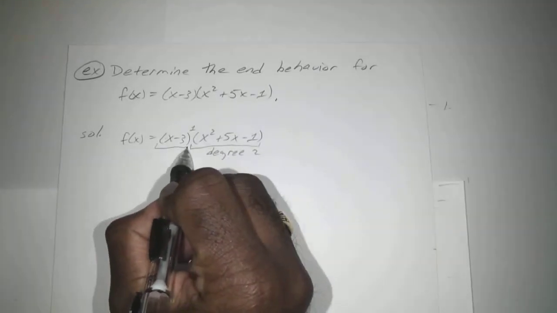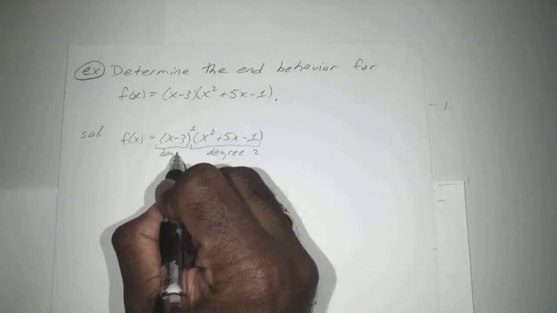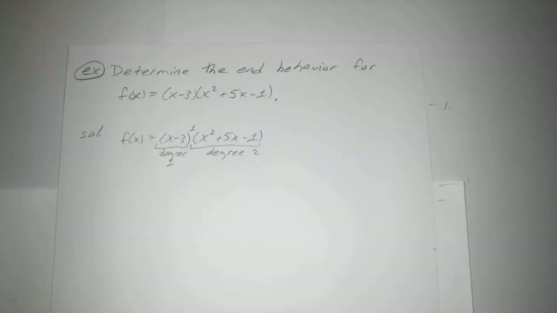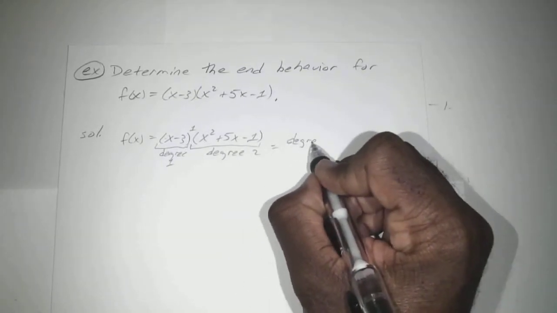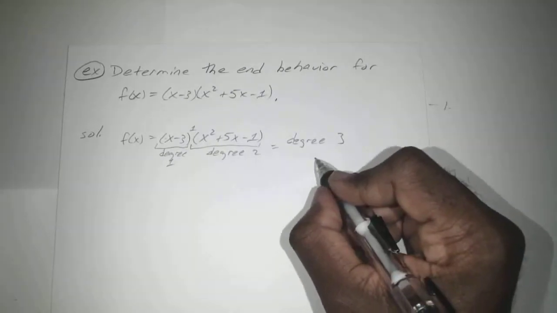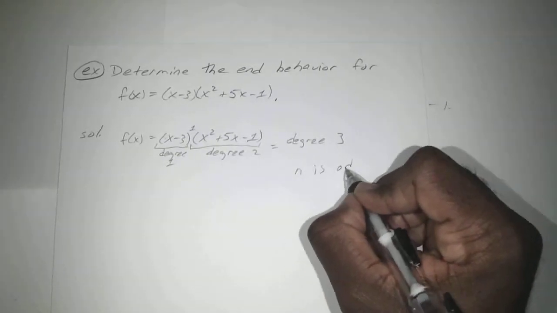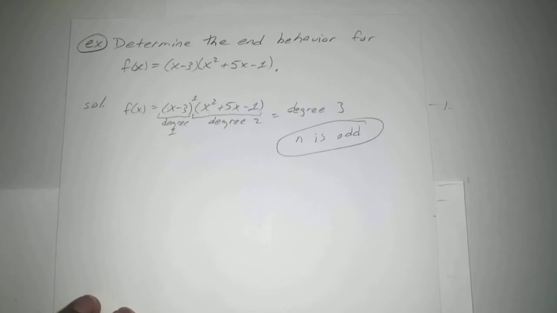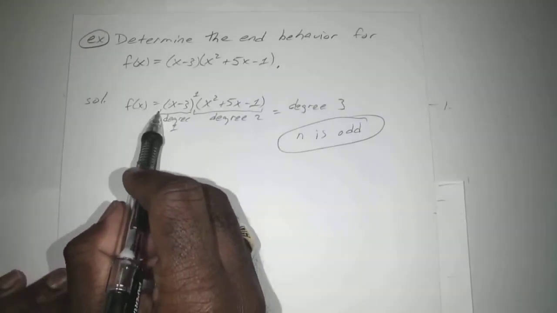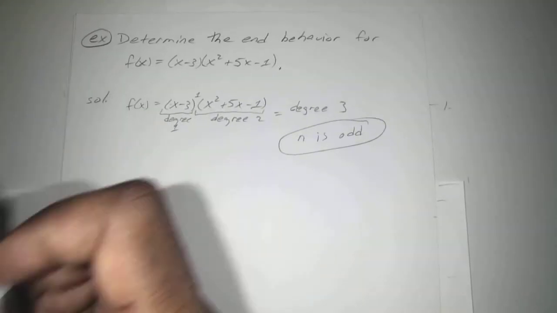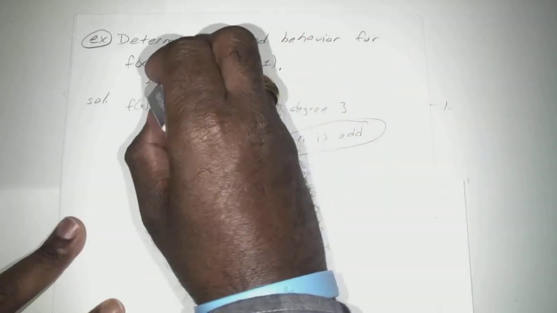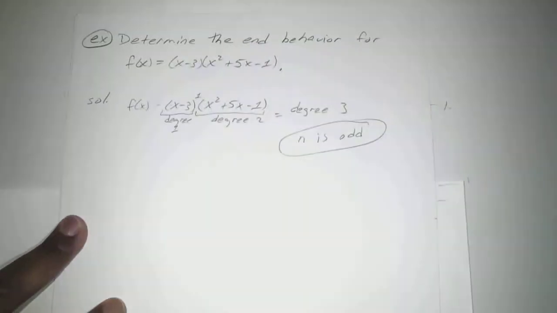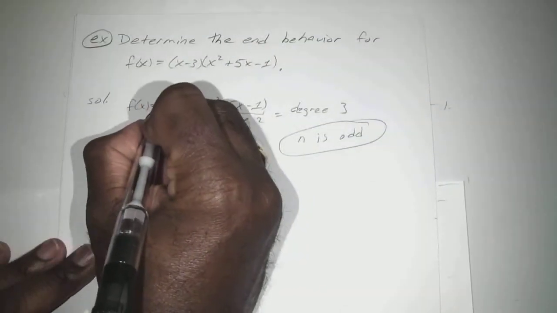This one is just degree 1. They're all just one term, so that entire term is degree 3, and it is odd. Yep, so we know that n is odd. Now here, we also know that if there's nothing there, you just assume it's a 1.